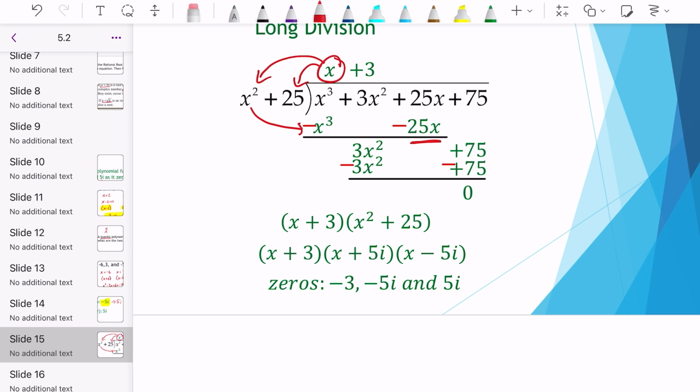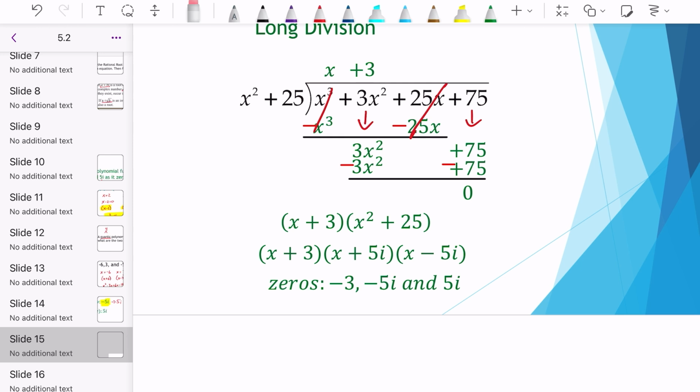Keep in mind, once we put it in that position, we are going to subtract. So what we really see here is the subtraction of x to the third minus a positive x to the third, which would cancel off. We drop down to 3x to the second power. 25x cancels with 25x, and we drop down to 75.